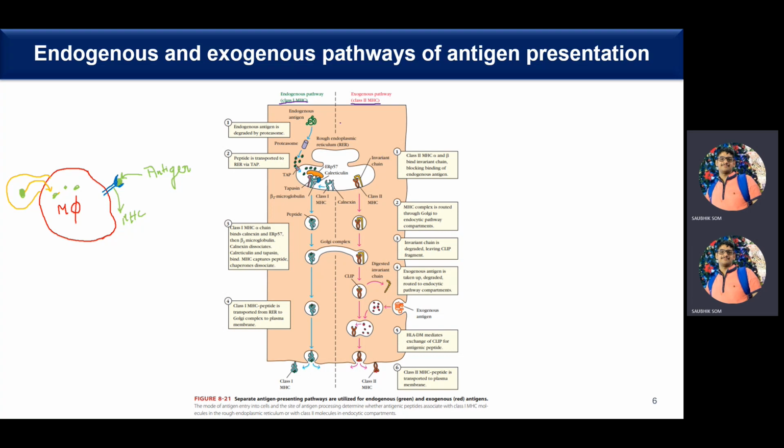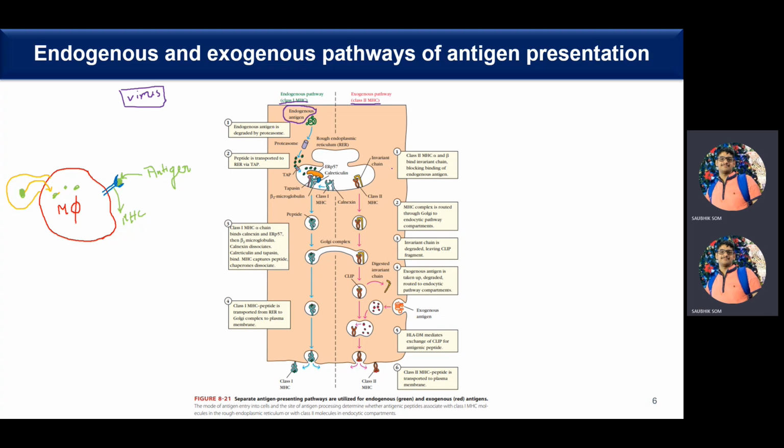For class 1 MHC, you should remember that they are responsible for presenting the endogenous antigens, like a virus, or the bacteria that have entered into the body. Mainly the virus is the thing that is presented by class 1 MHC cells.